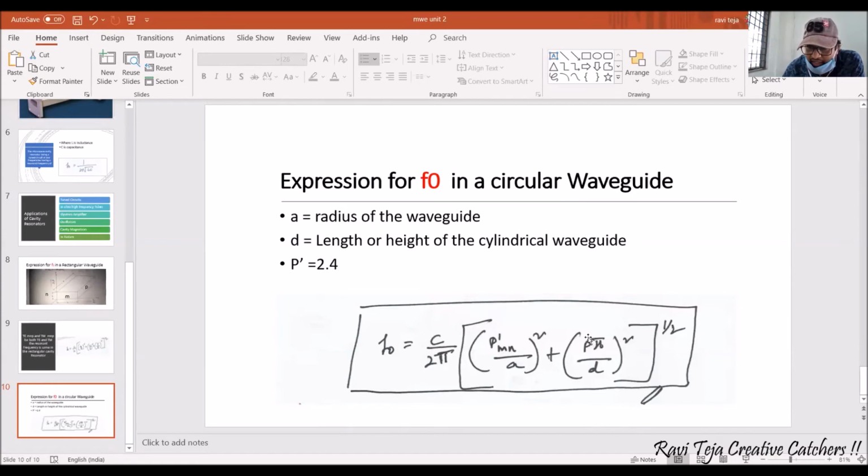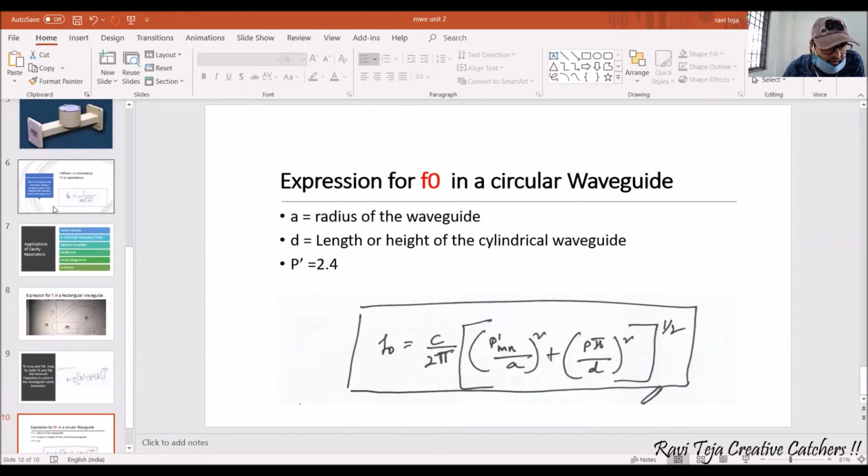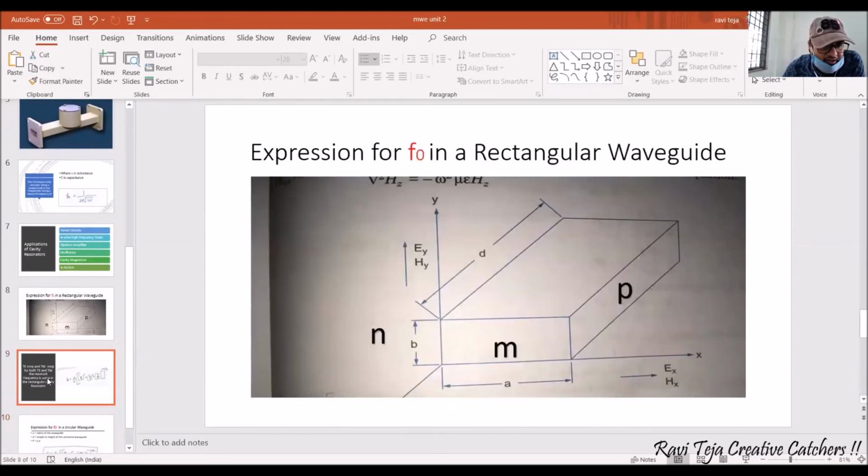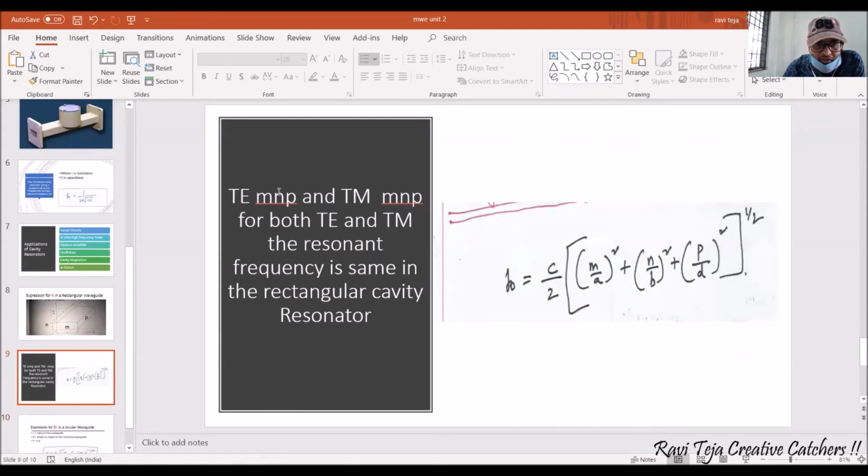And this small p you should substitute as whatever the question gives. Suppose they give TE012. What is the p now here? In a problem they will give a propagation mode of TE012. What is the p here? The value of p is 2. So small m is equal to 0.